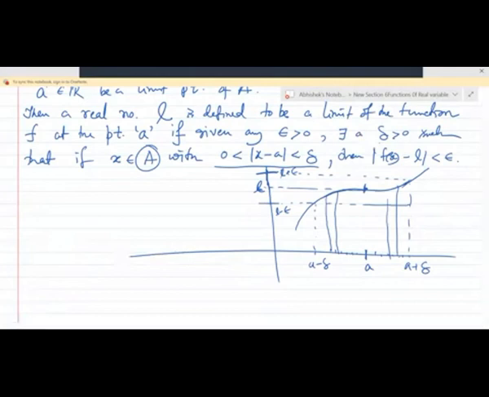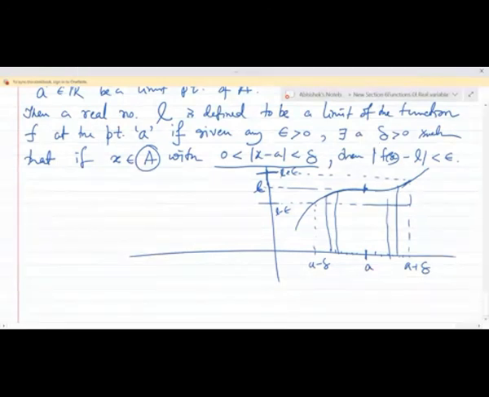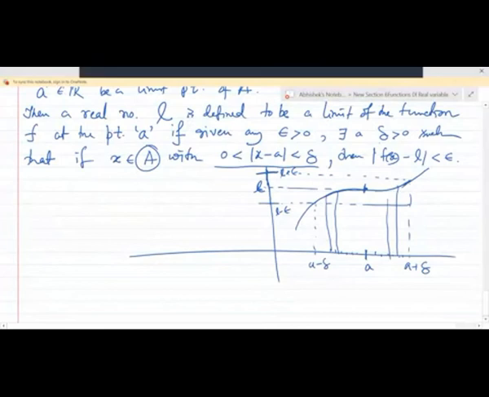So that is the motivation behind this definition. Then you can say that this L is the limit of the function f at the point A.